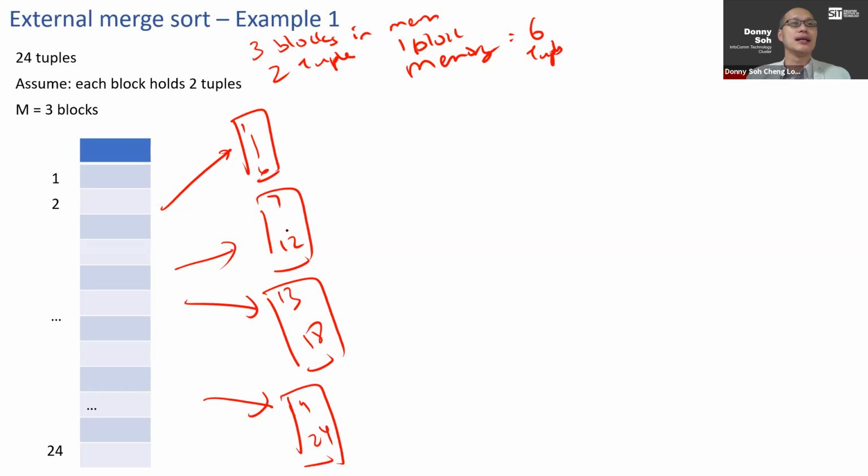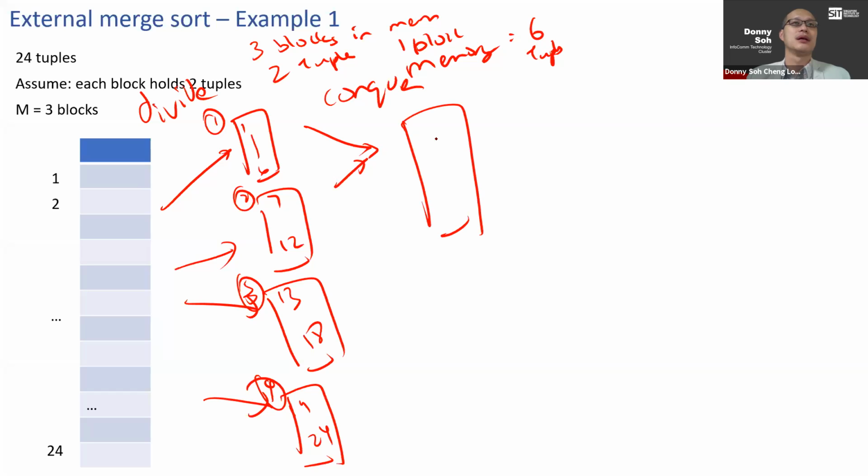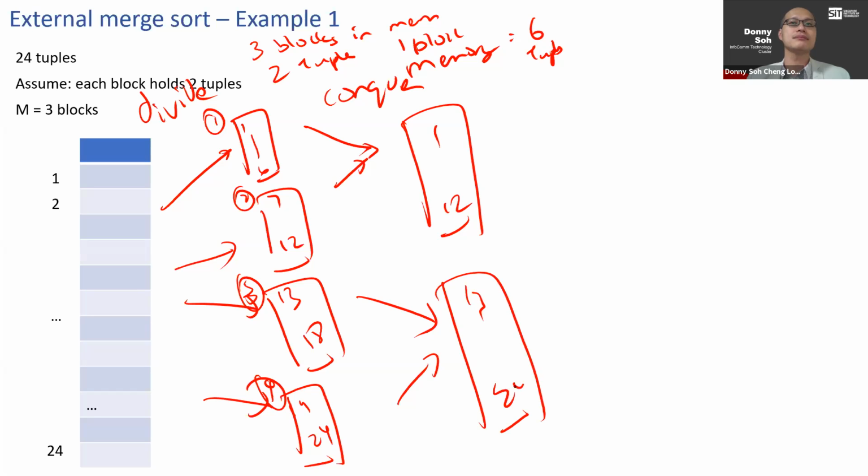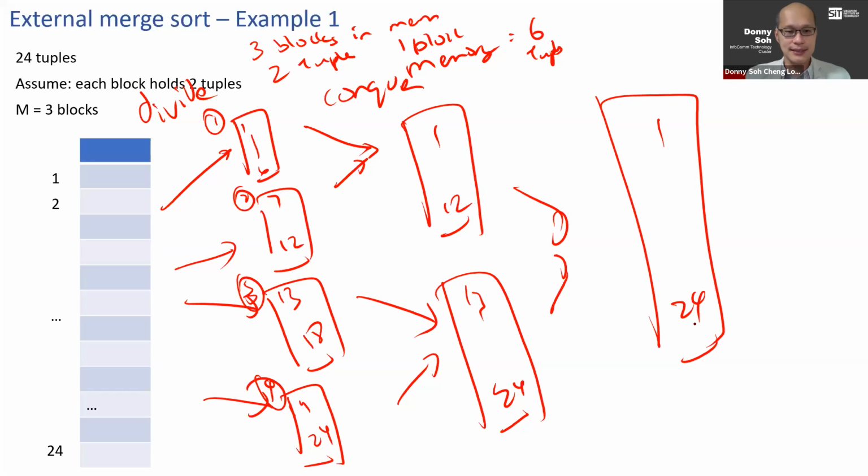So in the run creation, we create 4 runs as here, and this is the divide step. And in the conquer, 1 to 12, and then typically this is in the conquer step.